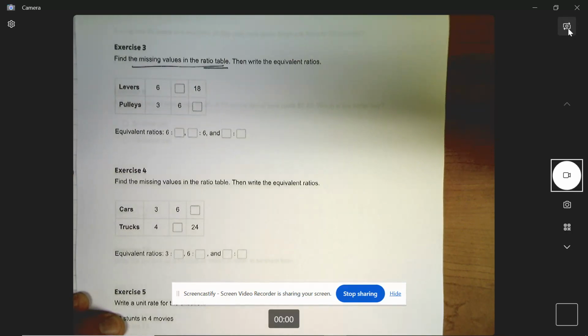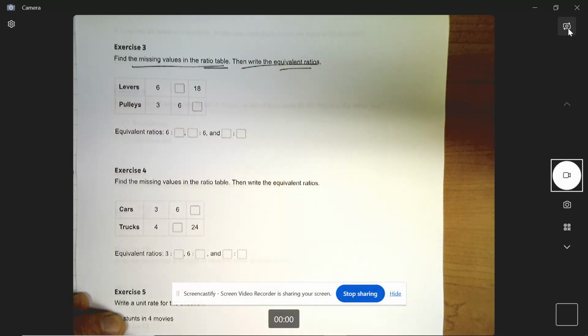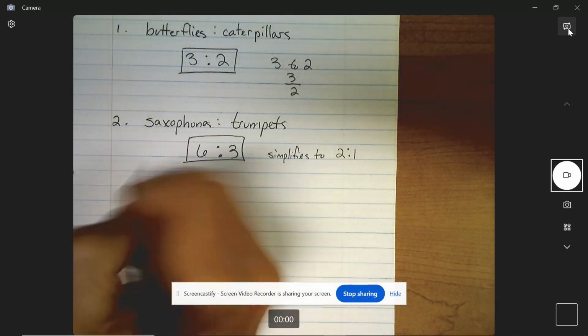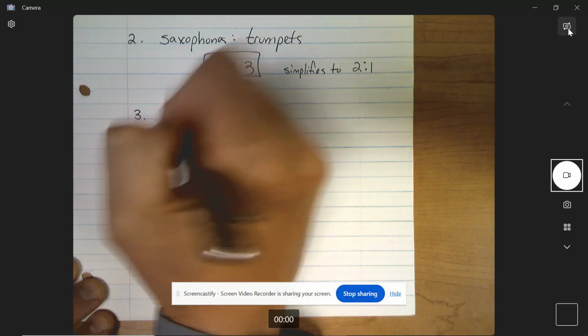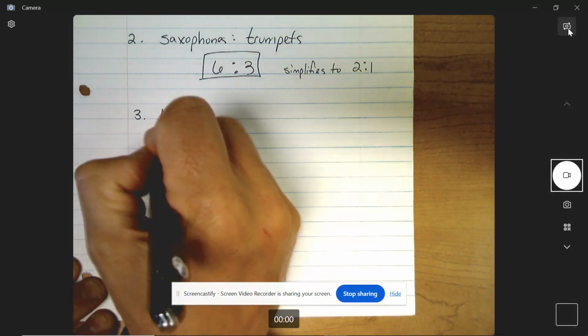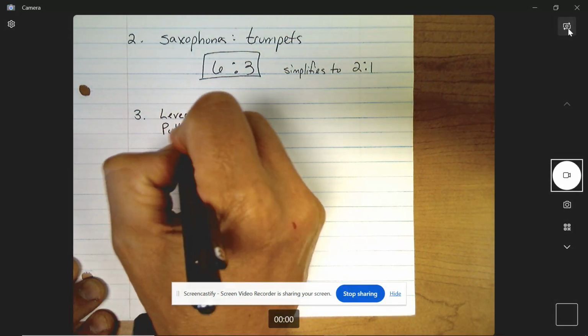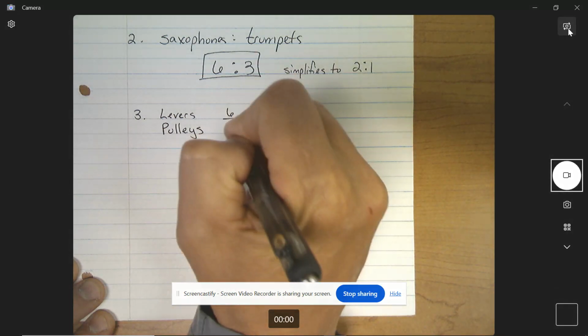This is a fill in the blanks. So we're going to find the missing ratio, and then we're going to look at equivalent ratios. So for number 3, I want you to write levers and pulleys. It is a 6 to 3 ratio.